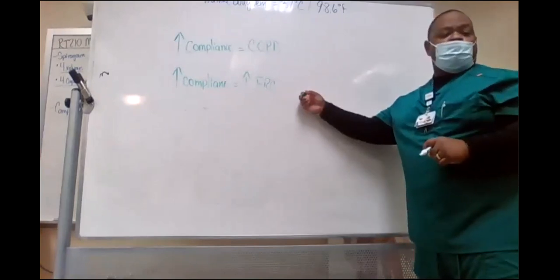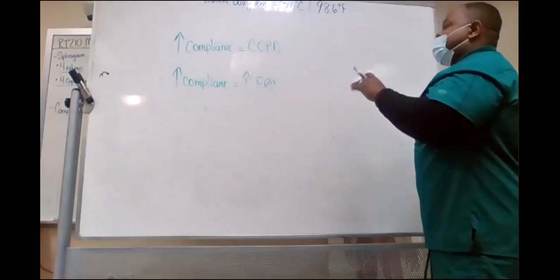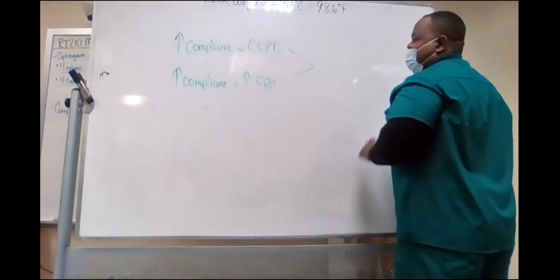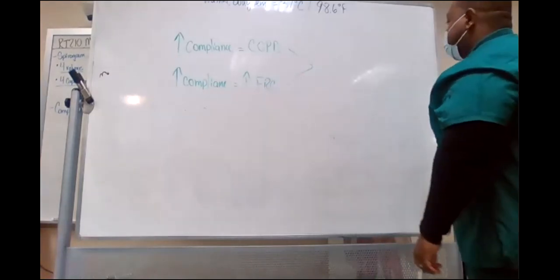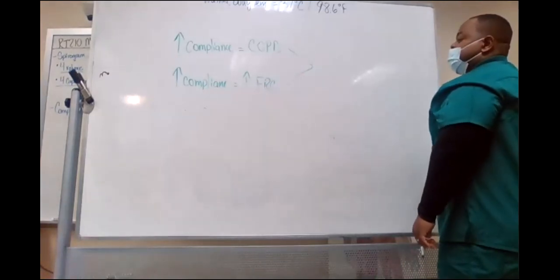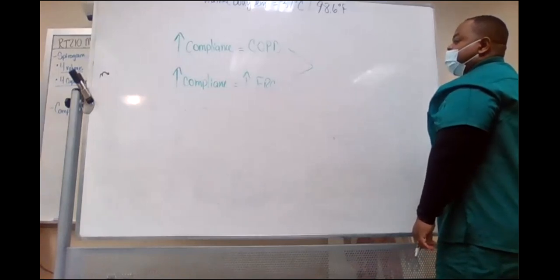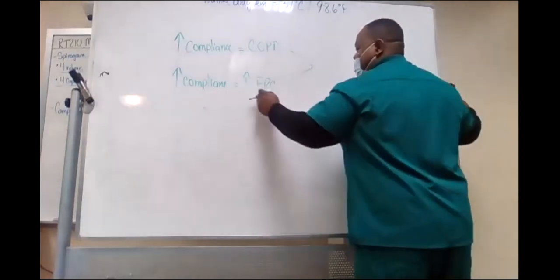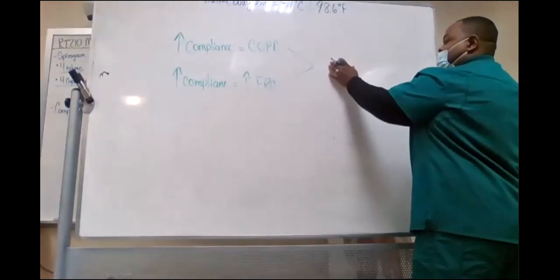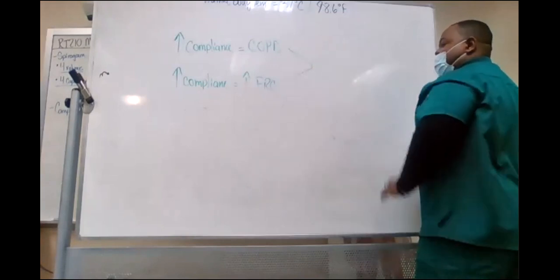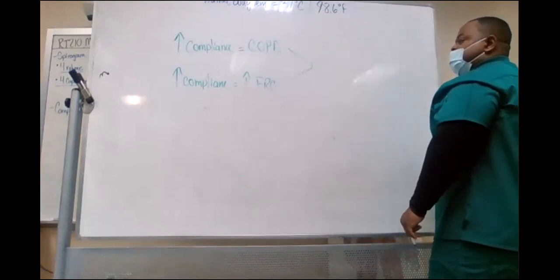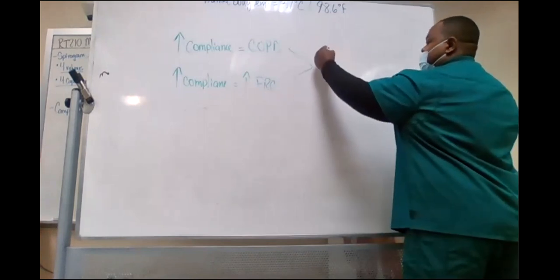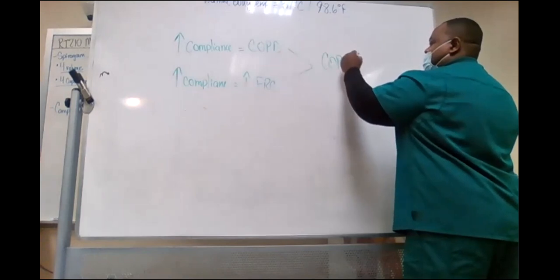If these statements are true, then what is the mathematical statement I can make about COPD and FRC? If a high compliance is COPD and a high compliance is increased FRC, then COPD equals what?